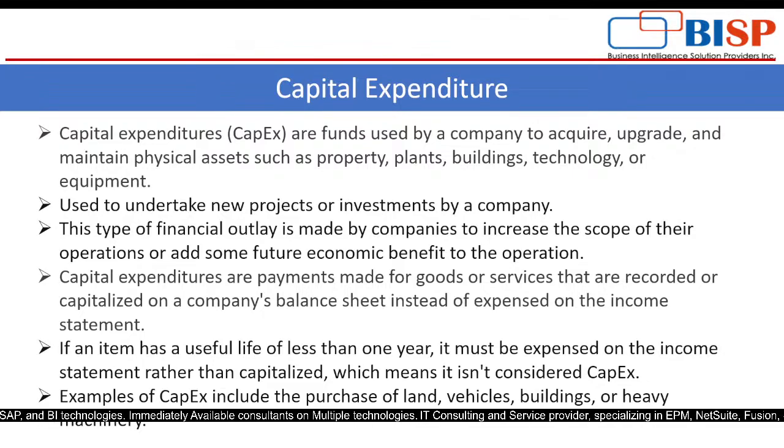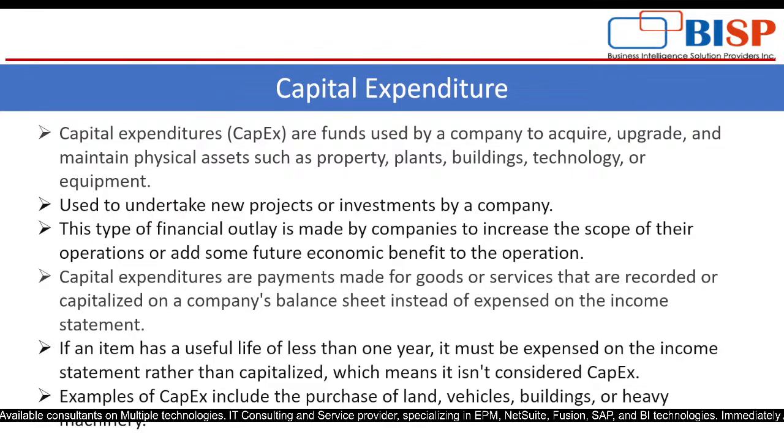If an asset has a life of more than 1 year, it will be considered a capital asset. Some examples of capital expenditure include the purchase of land, vehicles, buildings, or heavy machinery.